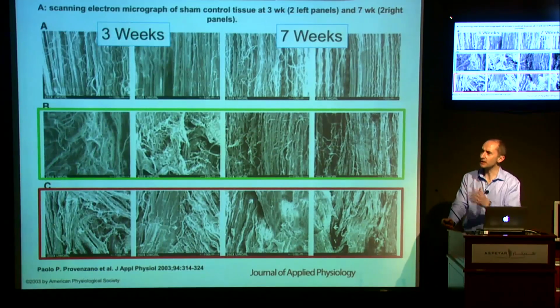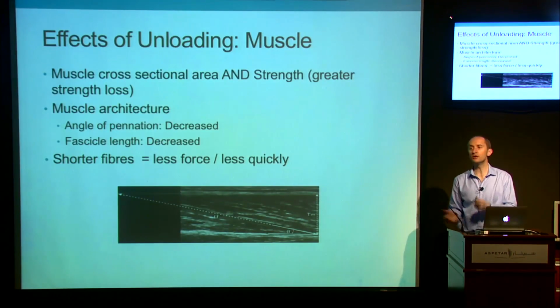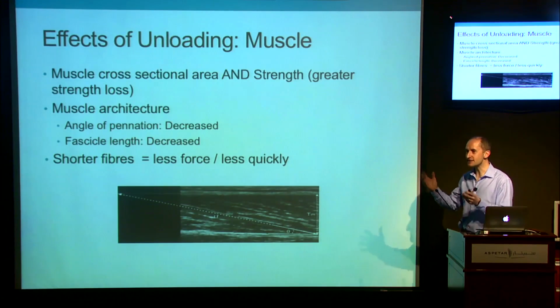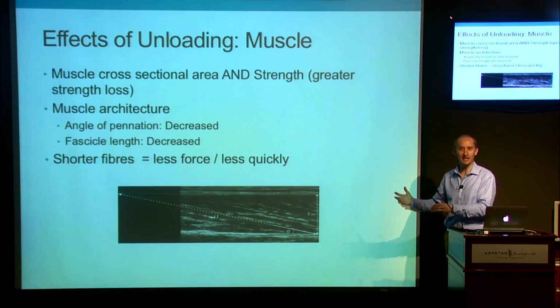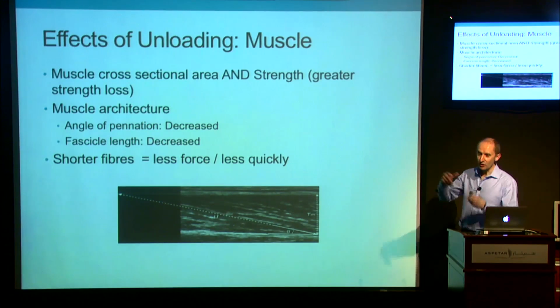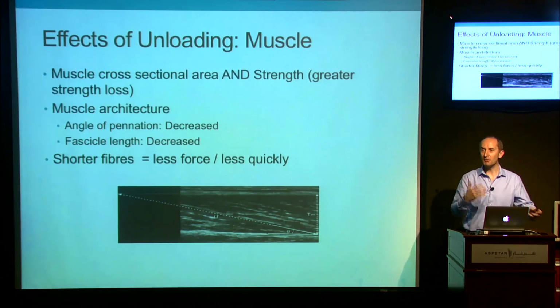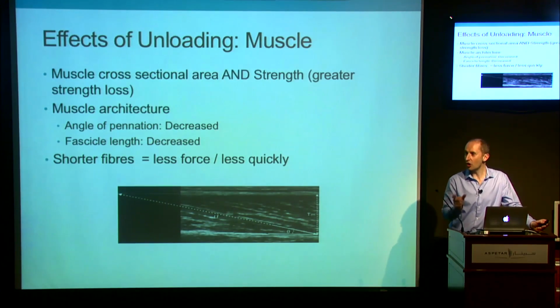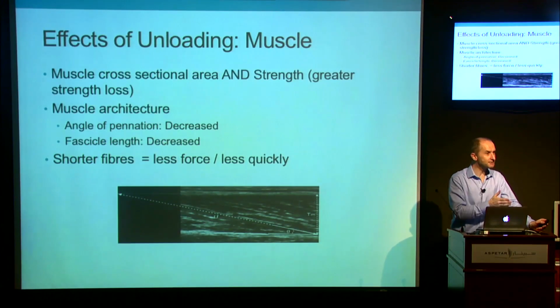If we think of ligament, we think of muscle. We know when we unload muscle, and we've known this for a very long time, Jeff Goldspink's seminal work back in the 70s and early 80s, when he considered many of the things that we now use every day in our muscle rehabilitation, we know after only a short period of immobilization or unloading of muscle, that muscle adapts very quickly.